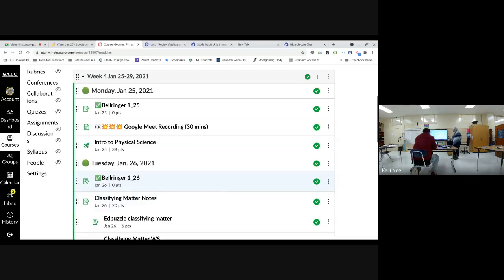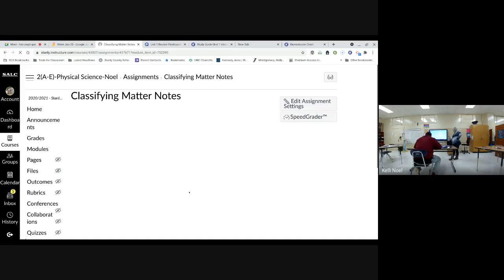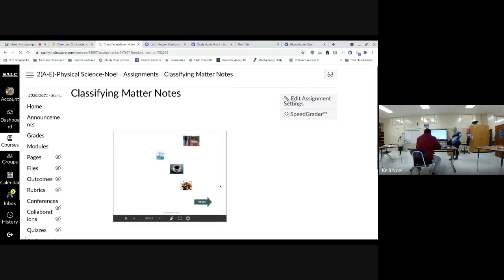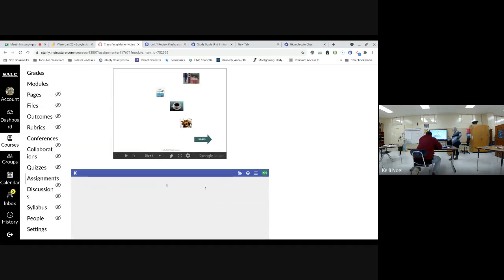All right, so we've done the bell ringer. We're gonna actually do some classifying matter notes. So if you're here, I've given you them on paper, but if you would like to follow along and do it on the computer, I have it under here with the PowerPoint. Now, I did realize that my notes leave the last two slides out.